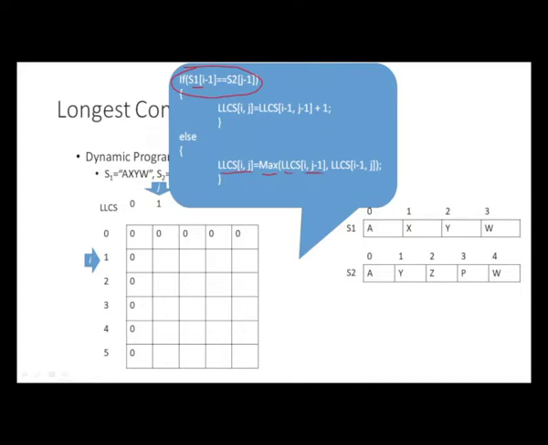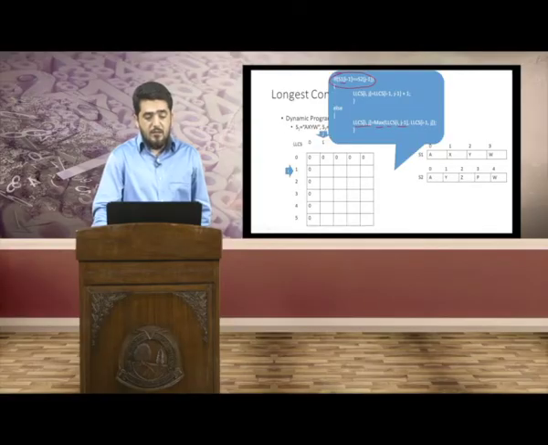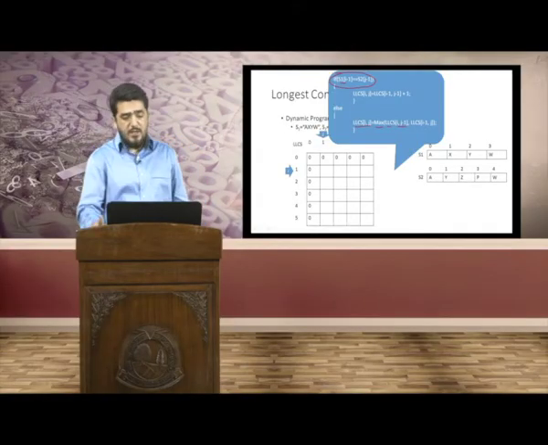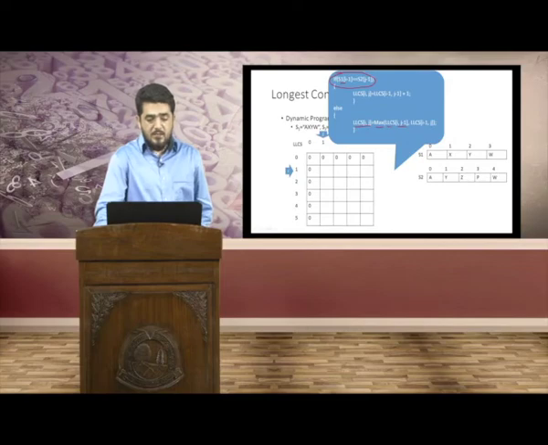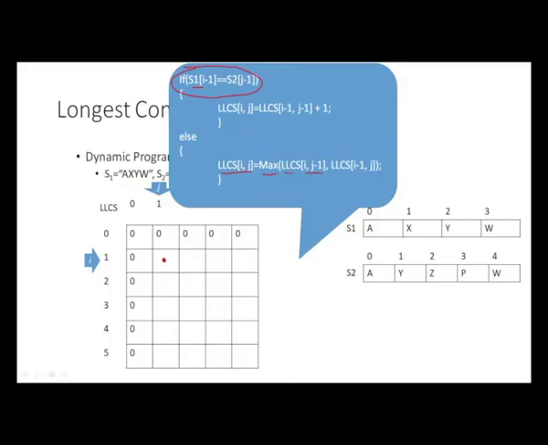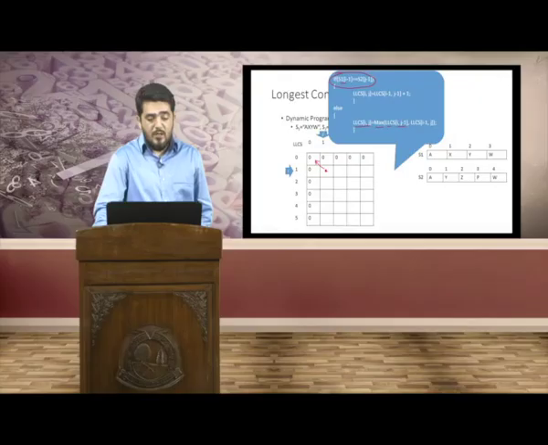Now, to make it simple, let us suppose we are here at i comma j. In case the characters of the two sequences indexed by i and j match, then we simply need to add 1 to whatever is diagonal here, which is LLCS of i minus 1, j minus 1. So, the value here would be 1 plus the diagonal value, in case the characters match.